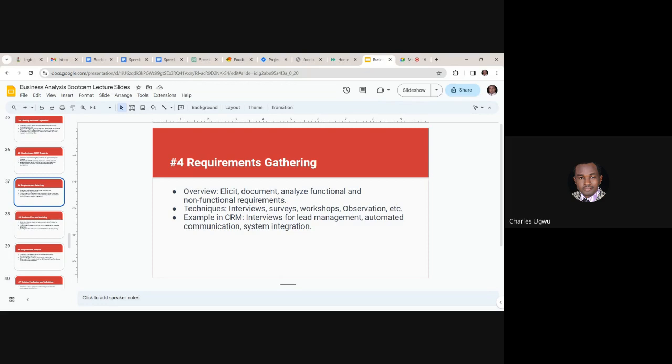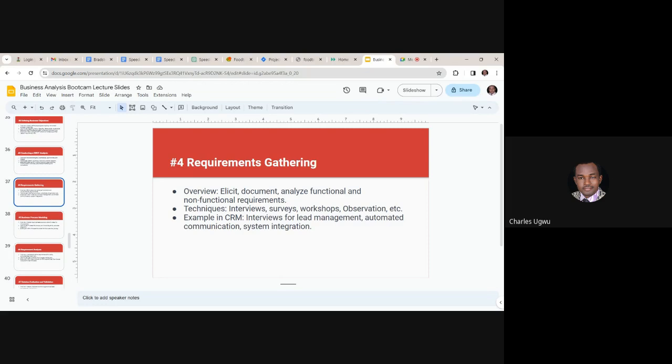So in a CRM environment, you can interview for lead management, automated communication, and system integration. You can interview them on how they manage their lead, and find a way to automate communication, understand their communication processes, and find out the relevant systems that need to be integrated for effective CRM functioning.